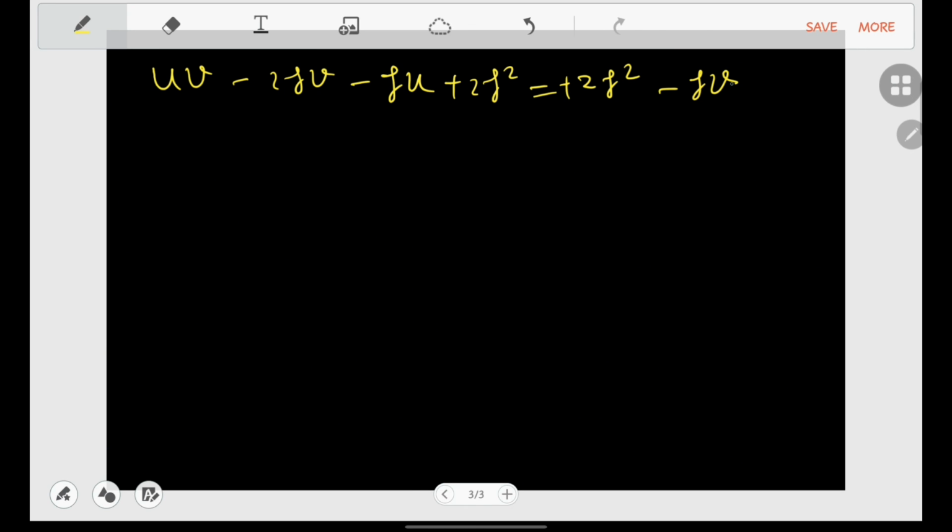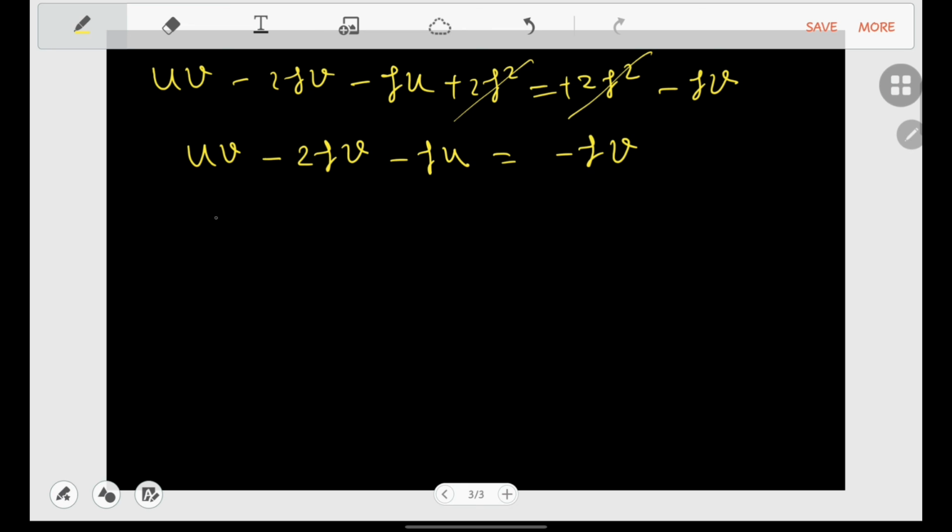We have seen that on both sides, LHS and RHS, 2F square is equal, so we can just cancel each other. Now we get UV minus 2FV minus FU equal to minus FV alone here. So we will take the minus sign together.